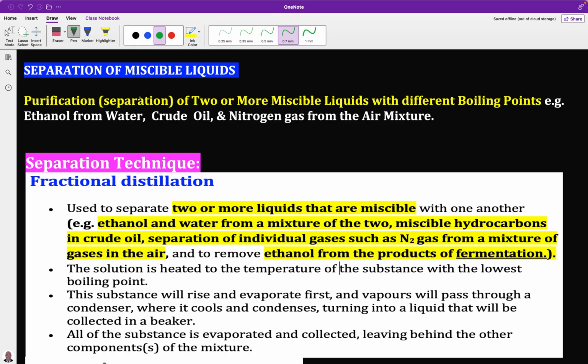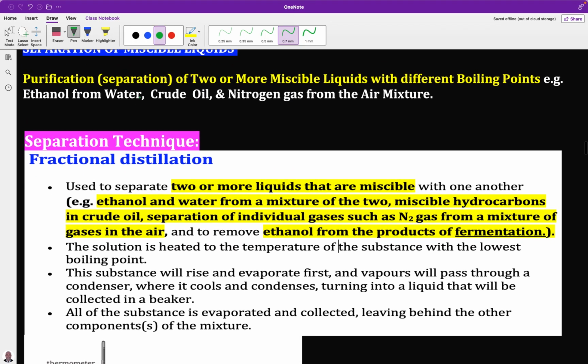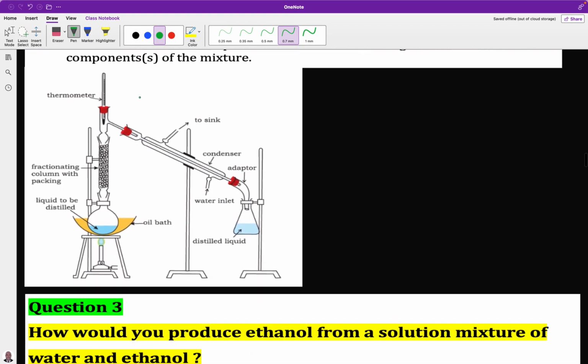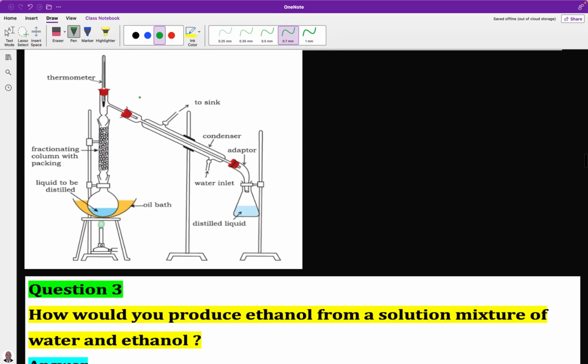This substance will rise and evaporate first, and the vapor will pass through the condenser, where it cools and condenses, turning into liquid that will be collected in a beaker. All of the substance is evaporated and collected, leaving behind the other components of the mixture, depending on which one we want to evaporate. So this is a good diagram of a fractional distillation.